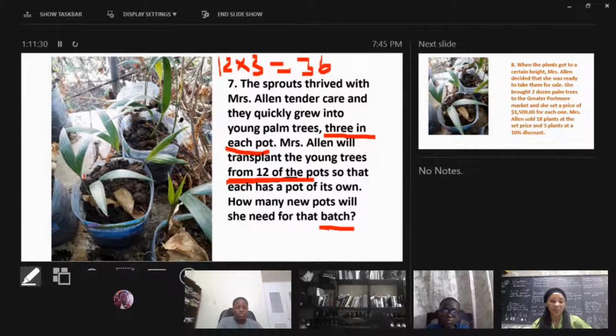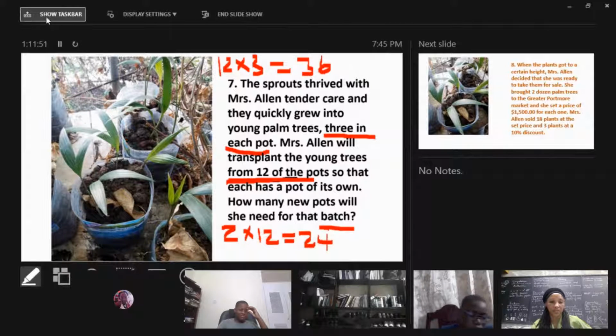But one of them is going to stay in each pot, right? She doesn't need to take out all 3. She's only going to take out 2 from each pot. So it's really 2 times 12. That's how many new pots she needs. So it's 24 new pots.